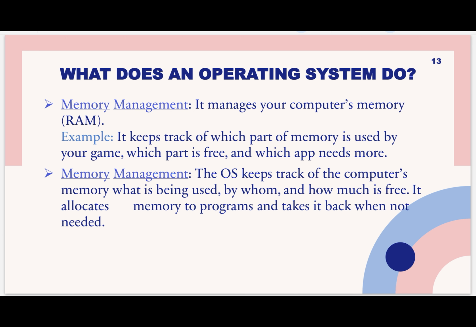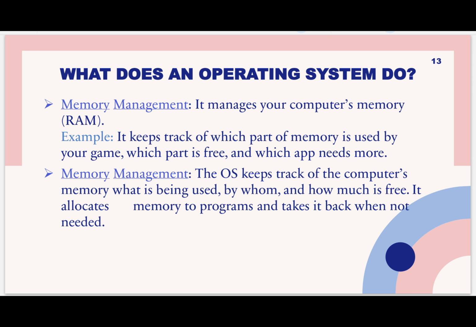Understood? The operating system keeps track of the computer's memory: what is being used, by whom, and how much is free. It allocates memory to programs and takes it back when not needed. It shares the memory in RAM.